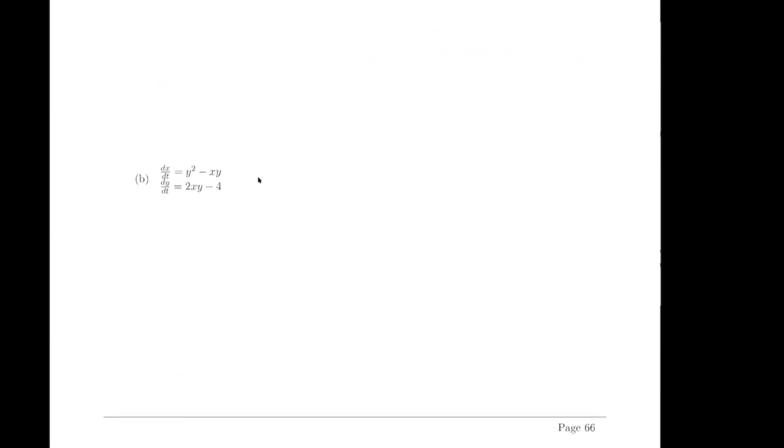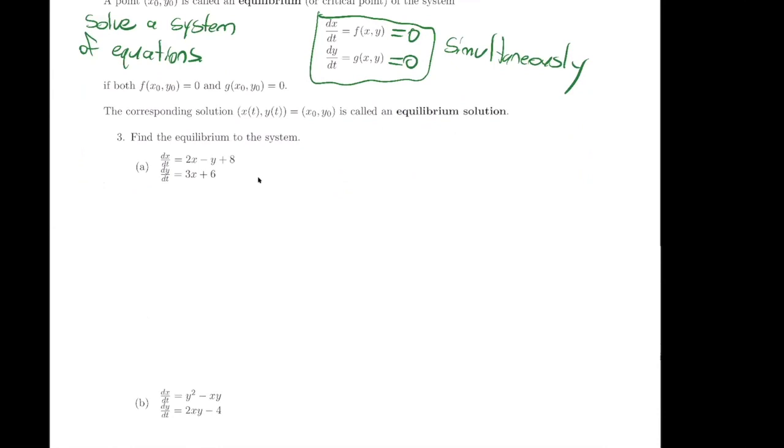So maybe let's take a look at B, and I'll leave you to think about A in a second. Actually, let's do it the other way. Let's start with A, and then maybe I'll help you think about B. So here's A, and we want to find equilibrium for this.